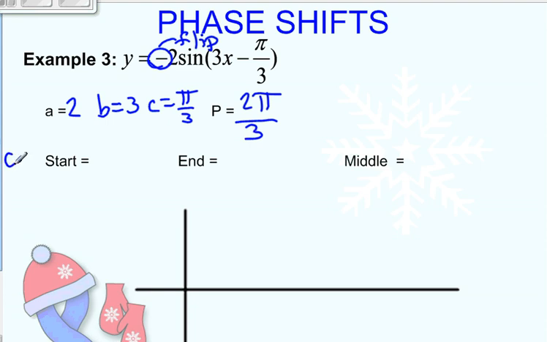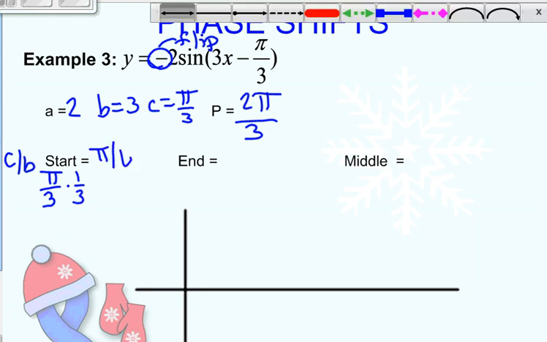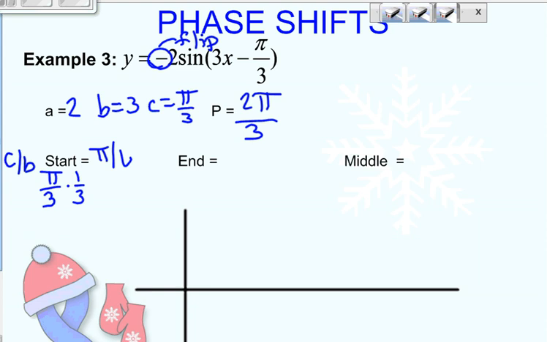And our C over B for our start is going to be pi over 3 divided by 3, or multiplied by 1/3. Okay, so that gives us pi over 9.